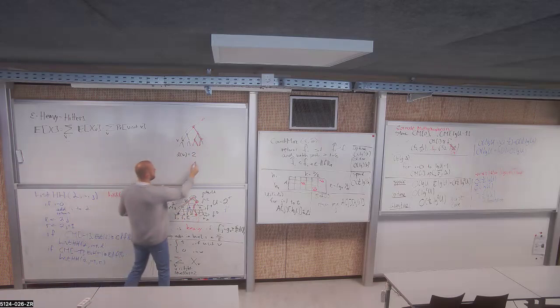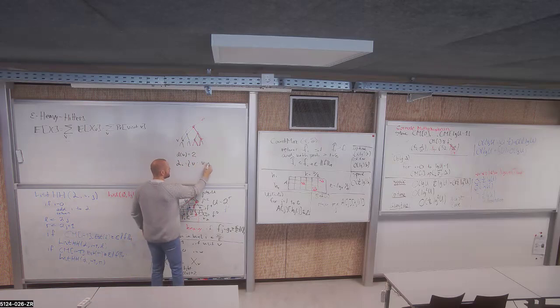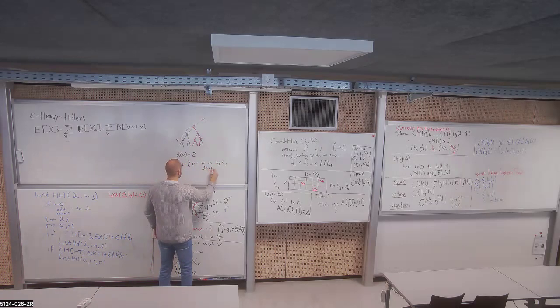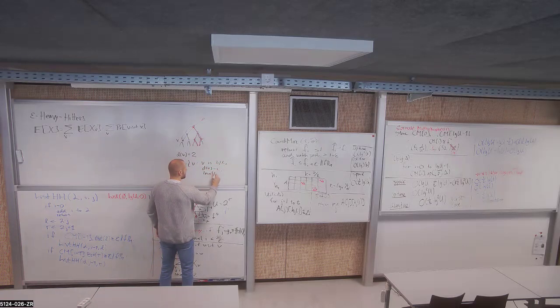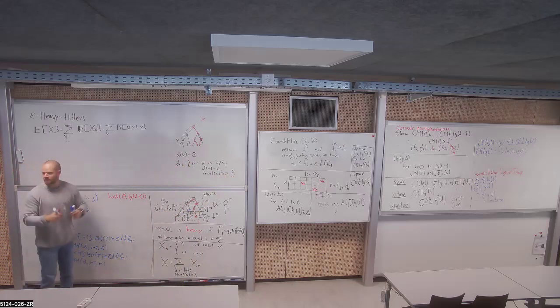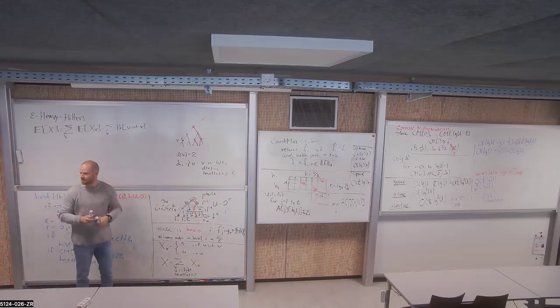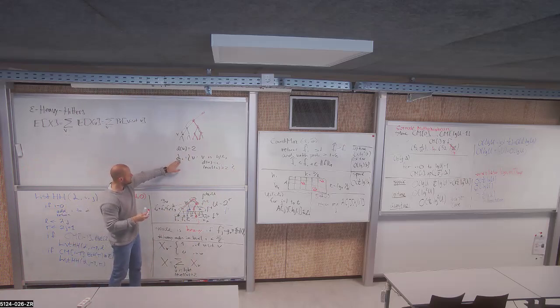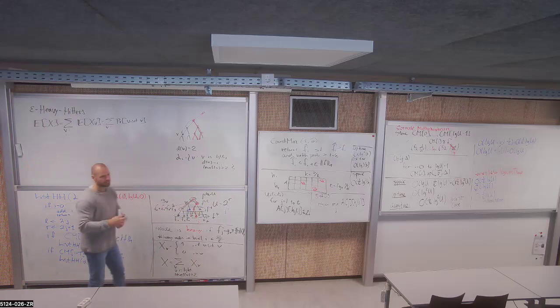Now let's call Li the set of V such that V is light, the light depth of V is i, and the level of V is at least 2. We can partition our V's into these sets depending on their light depth. Makes sense? I take all the light nodes in the tree and partition them into a bunch of sets depending on light depth.